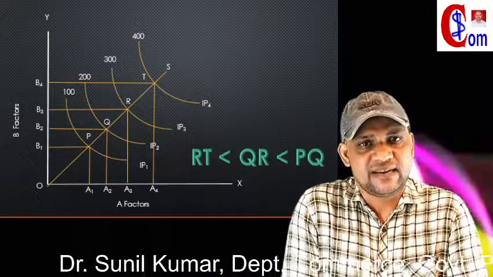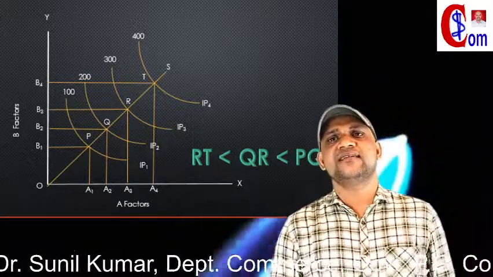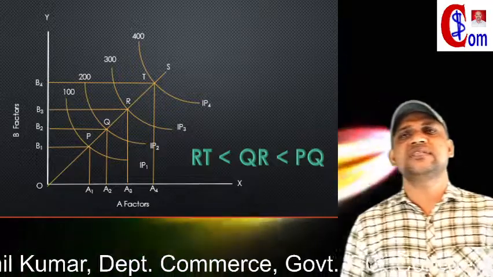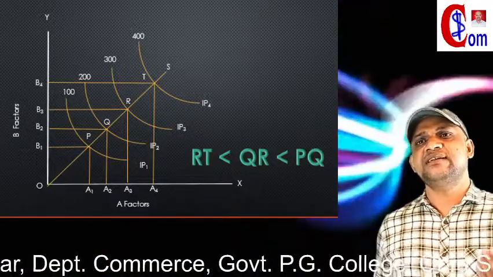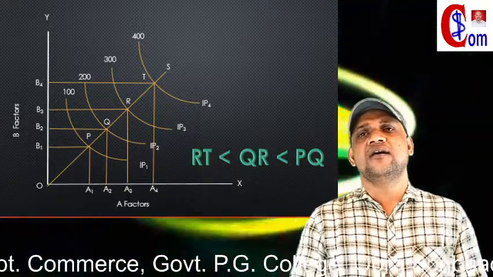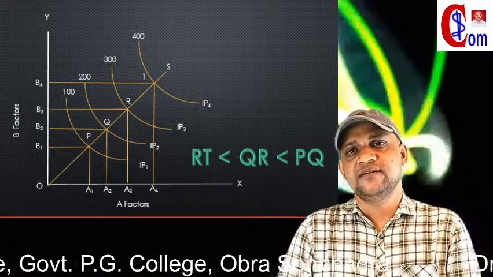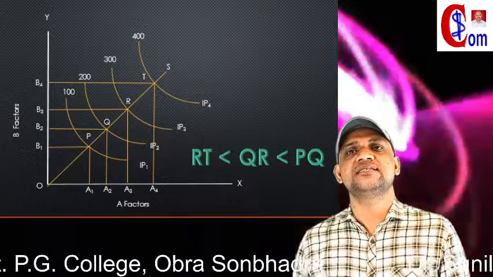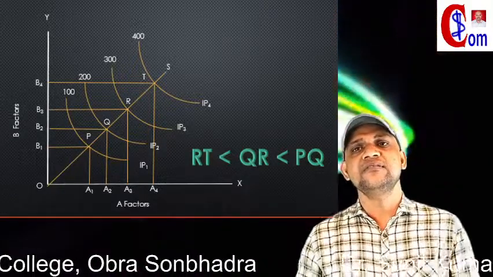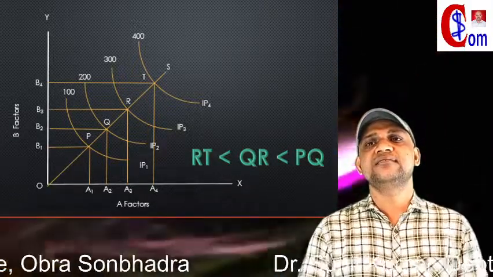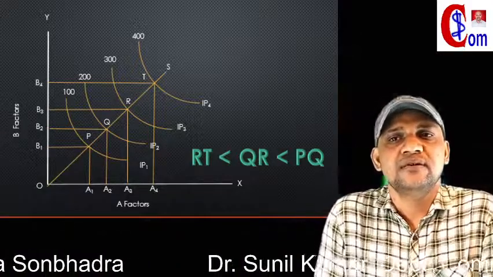Indivisibility of factors of production: there are certain factors of production that can be purchased and utilized only in their minimum lot size. Thus, increased utilization of indivisible factors increases the output more than proportionately.